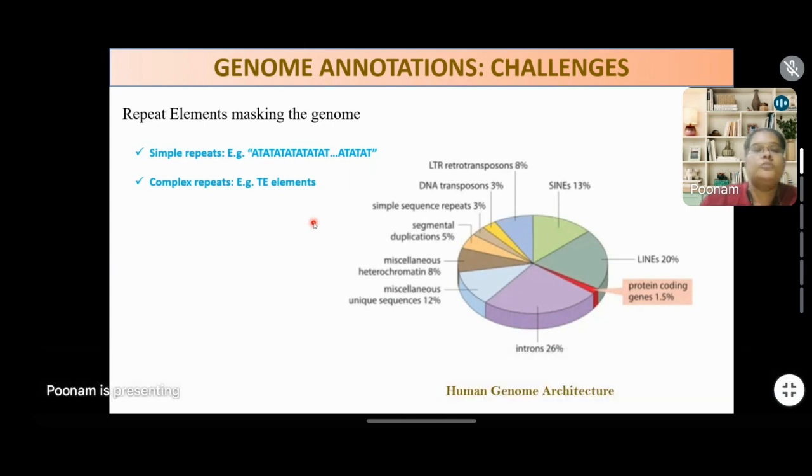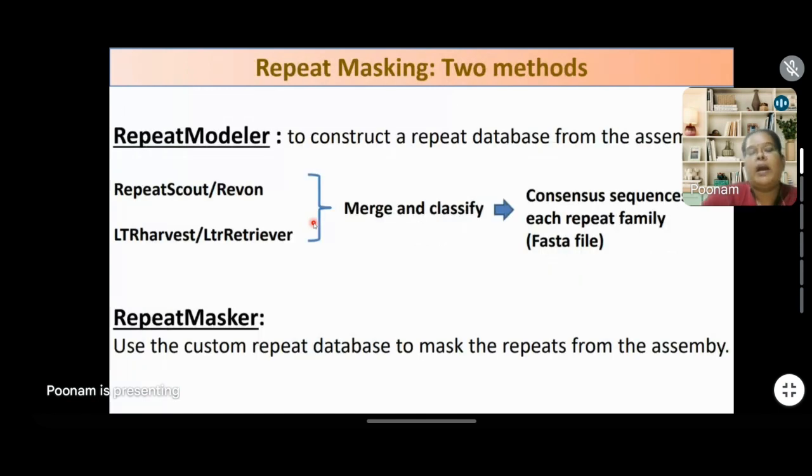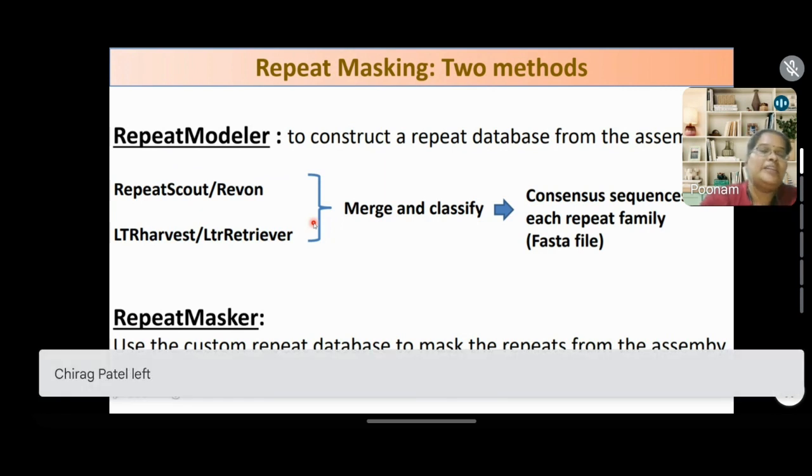So repeat elements pose one of the major challenges for the people trying to annotate the genome. So how are these being curated, or how are these being annotated? There are two prominent modelers present: RepeatModeler and RepeatMasker.